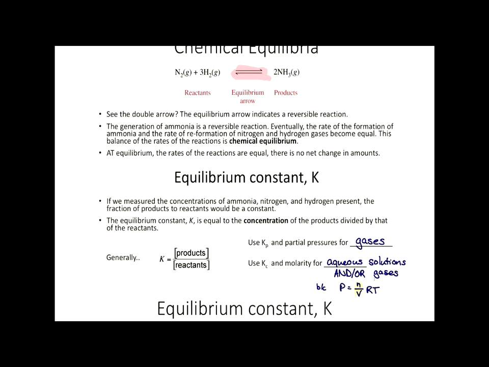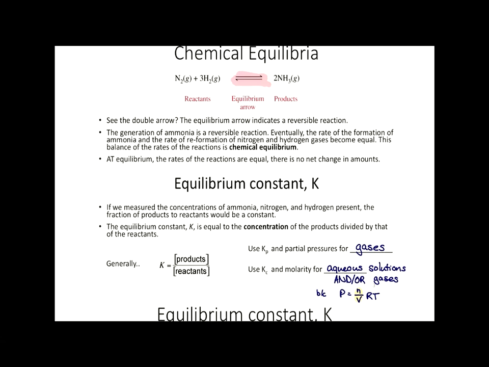So how we express the magnitude of how much product or how much reactant we have in a system that's in equilibrium, we use what's called an equilibrium constant. That's what big K is. It tells us the ratio of products versus reactants that are present at equilibrium. All right, so when you go to bed tonight, also say to yourself, big K is generally equal to products over reactants. So generally, K, products over reactants.